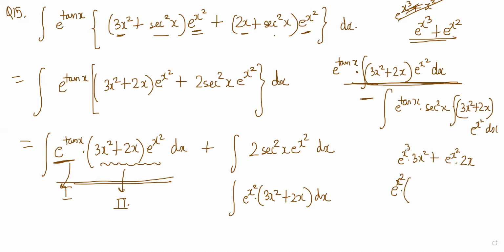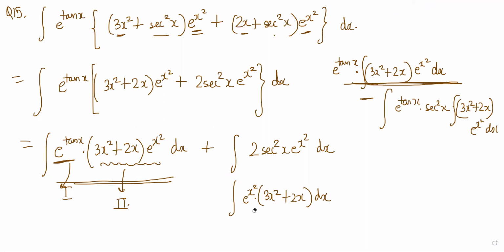I feel like there is a slight error in this question. Why is there an e power x cube coming? Yeah, no. e power x square plus e power x cube. We have to integrate this, so we can do integration by parts here as well, right?